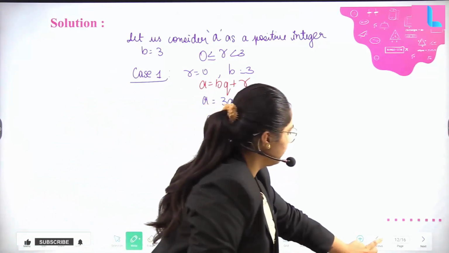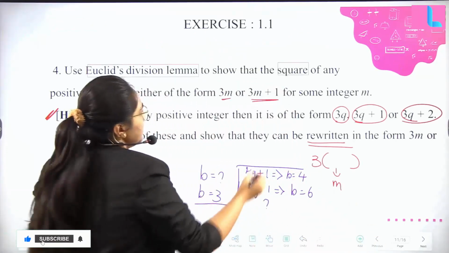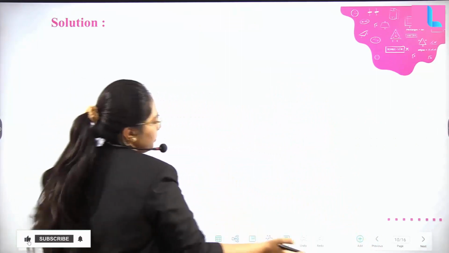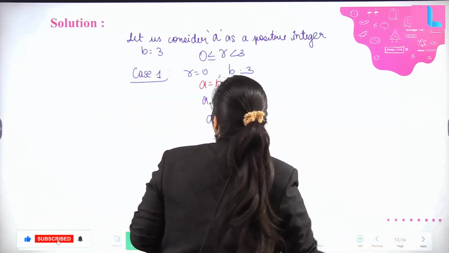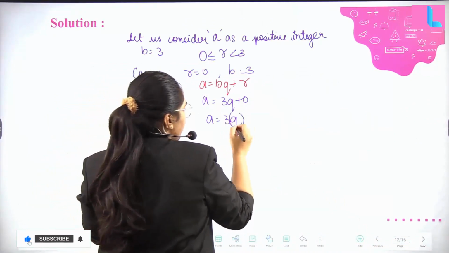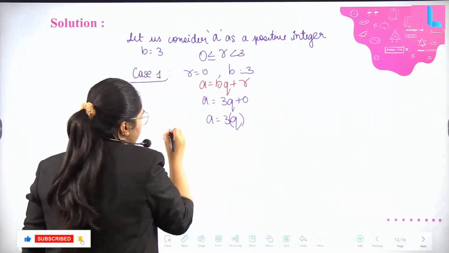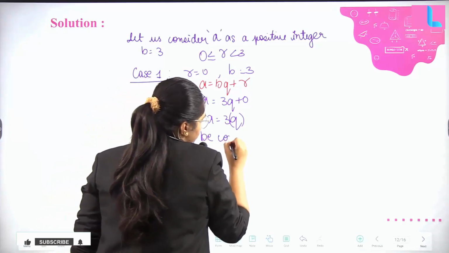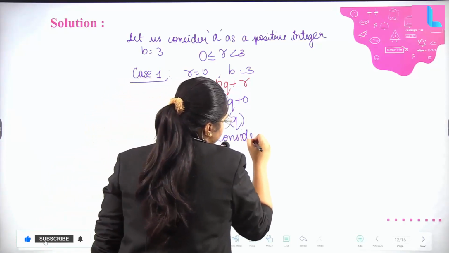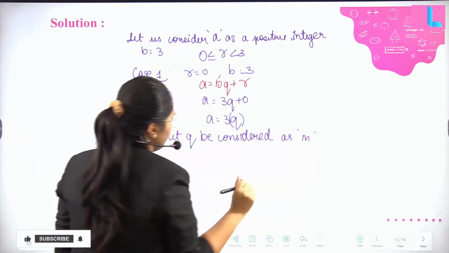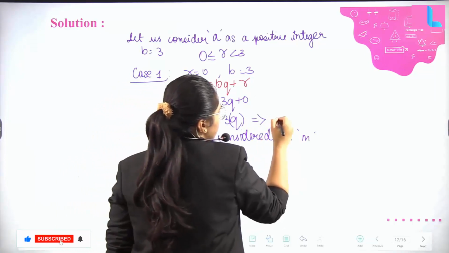So what have they asked over here? What is the square? So we have to write square on both sides. Once we have got this, we'll consider this 3 into q. Let q be considered as m. So this becomes 3m.